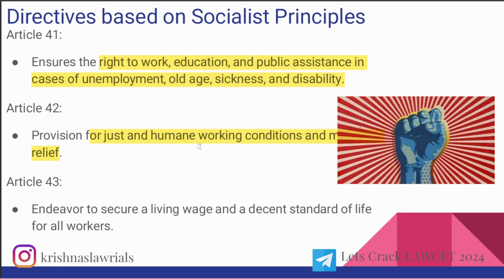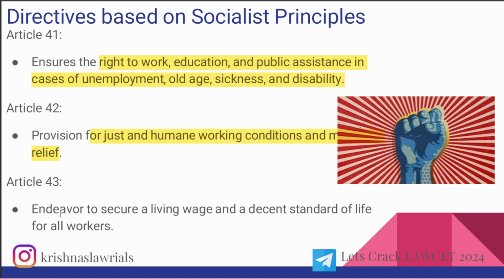In a sense, the working conditions should be humane enough and just, in a sense, fair enough. And there should be maternity relief. In a sense, when a woman gets pregnant, she should have maternity leave and later on assistance as well.